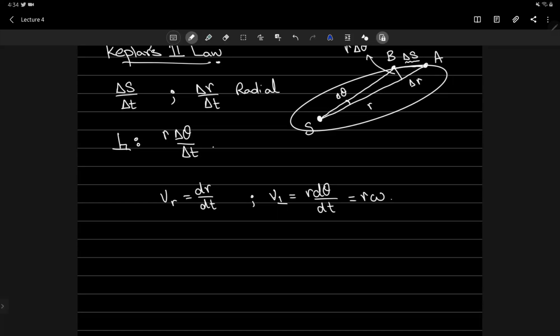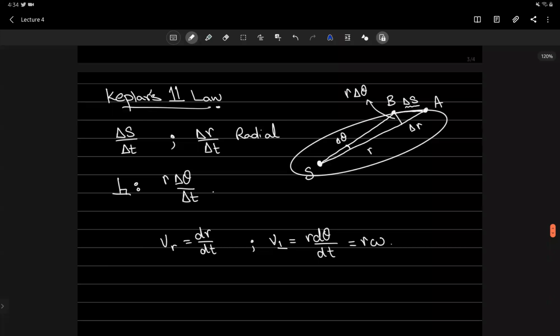Right. Now if I look at this diagram, during the time delta t, in which the planet moves from point A to B, the area that is swept out is approximately the triangular area, right? The triangle ABS. So for a distance AB, if it's sufficiently small, then this area just tends to that of this long thin triangle, right?